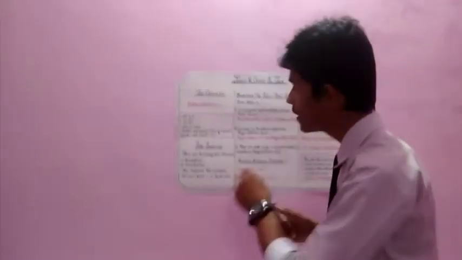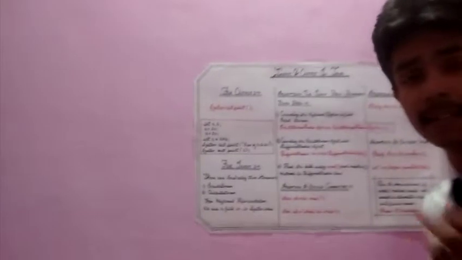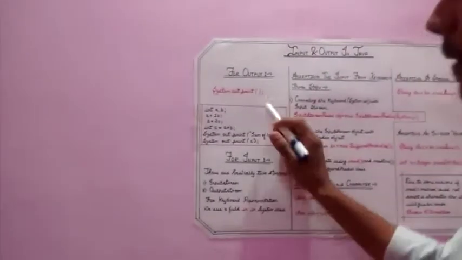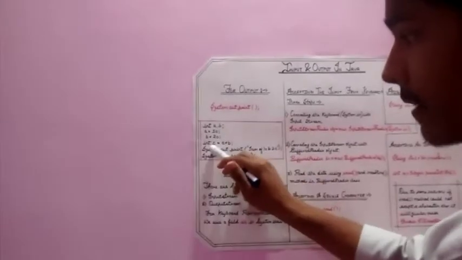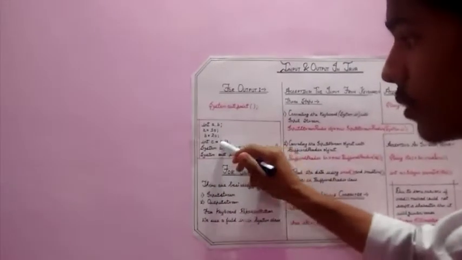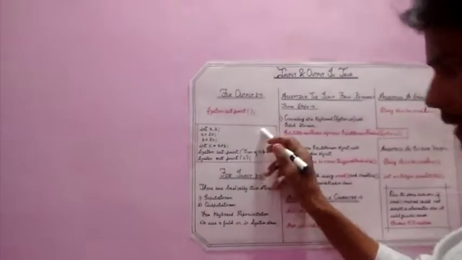For this clarity, I have written a small program for the addition of two numbers, that is 10 and 20. For this, I have taken three variables of integer data type, that is a, b and c, and the condition is c equals a plus b. I have given the values a equals 10, b equals 20.